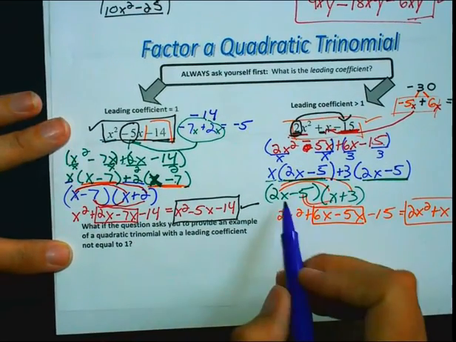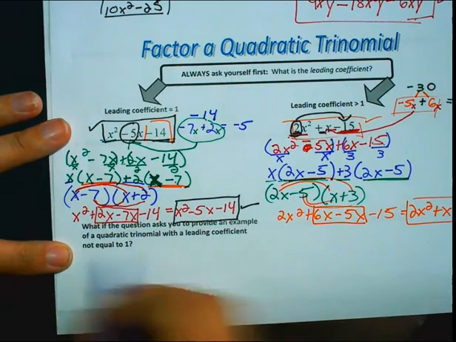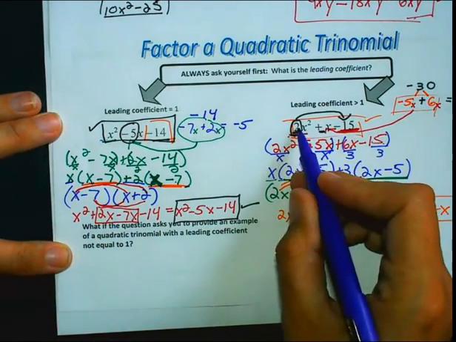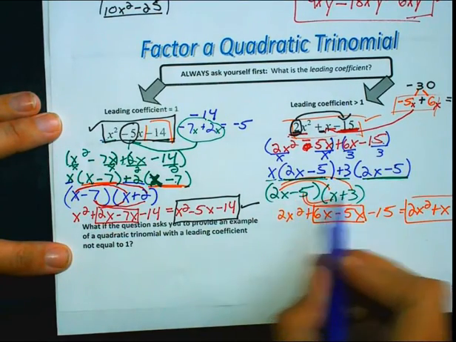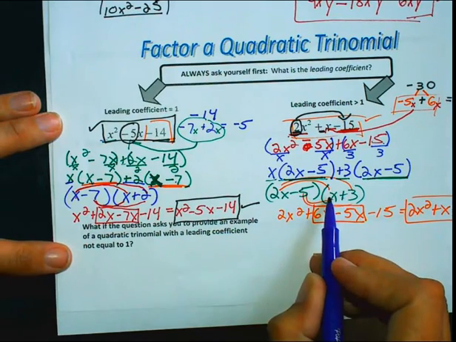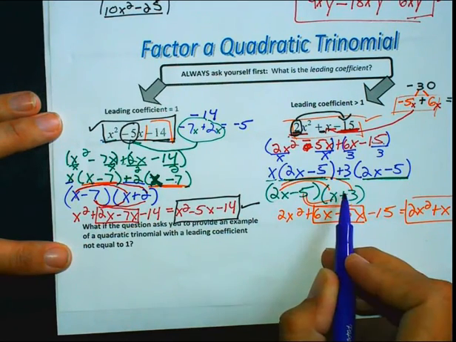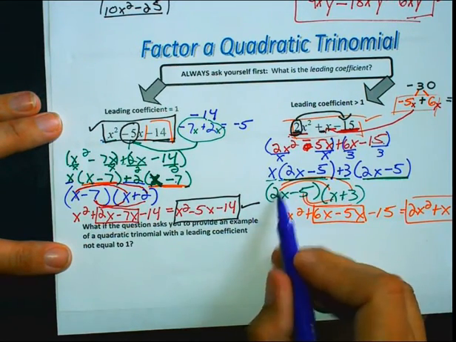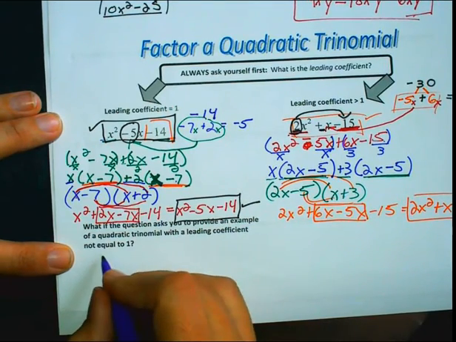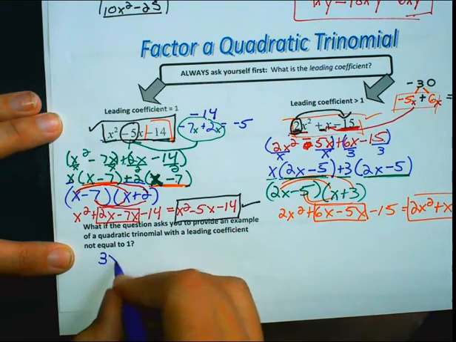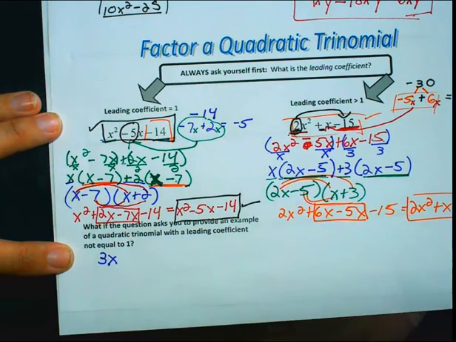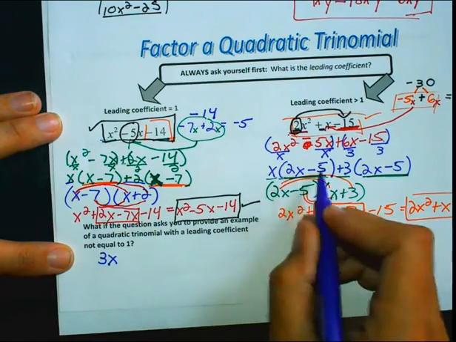So I noticed that down here, again, it says the leading coefficient not equal to 1. So I know that my leading coefficient needs to be greater than 1. I'm going to start with these factors. If I try to mimic these factors, I don't want you to use the same one. Okay, so I know I need a number in front of the x. So let's say we're going to do 3x, but I want a binomial factor.